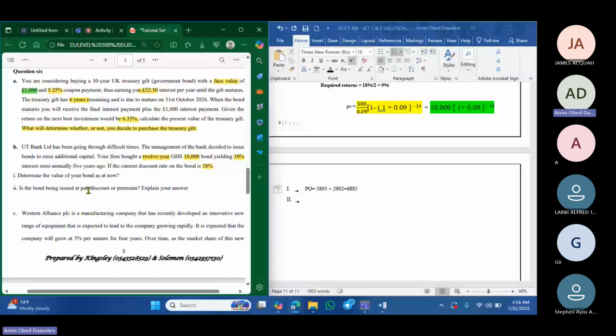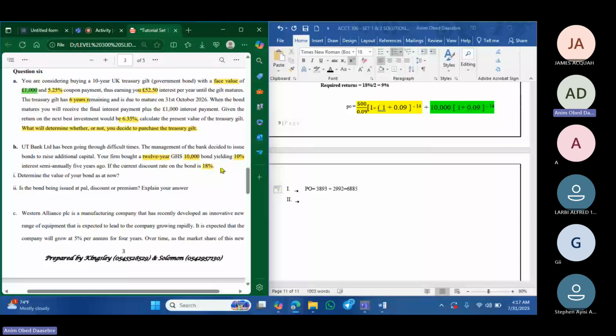So there is an inverse relationship between the yield to maturity and the bond price, and a direct relationship between the coupon rate and the bond price.